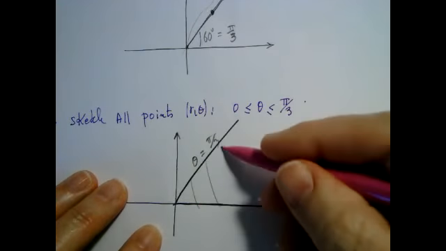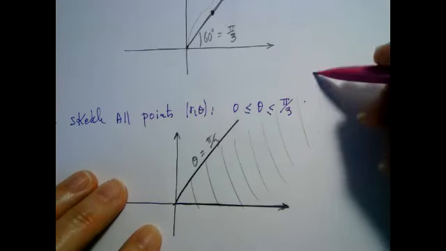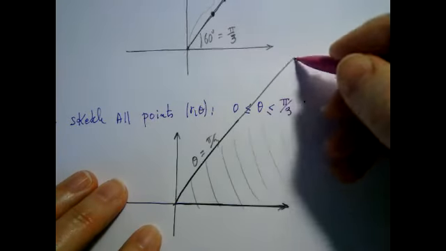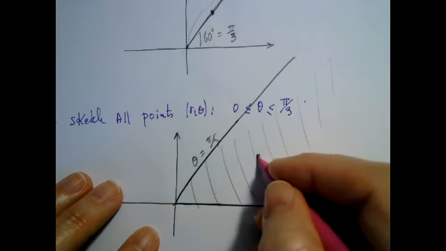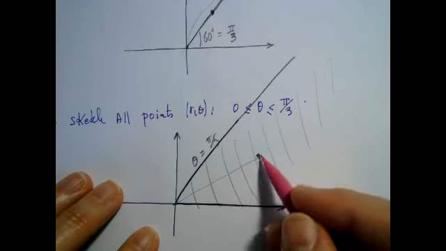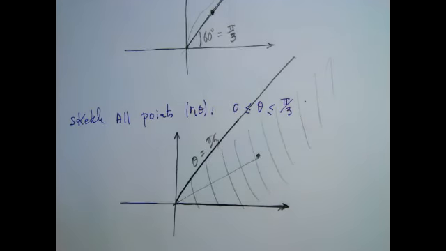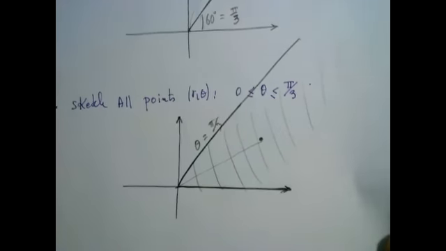It's everything between it, and it goes all the way to infinity. That's the shaded area. Every point here has its angle satisfying the condition between 0 and pi over 3. Exactly, an infinite piece of pie.